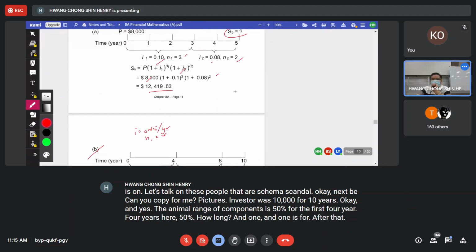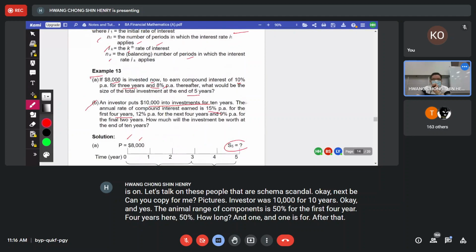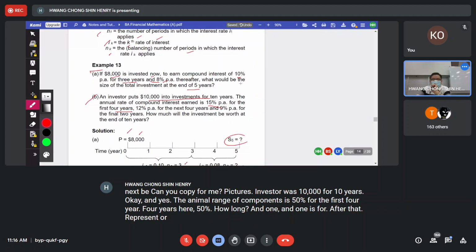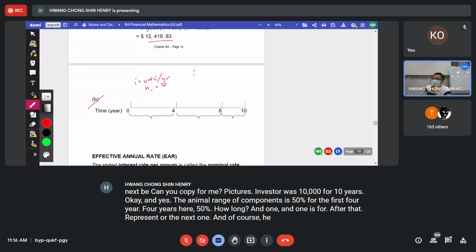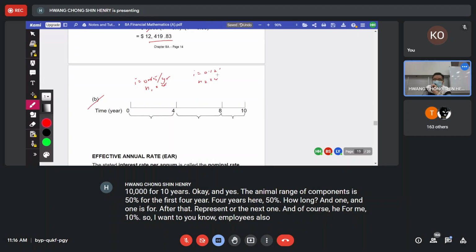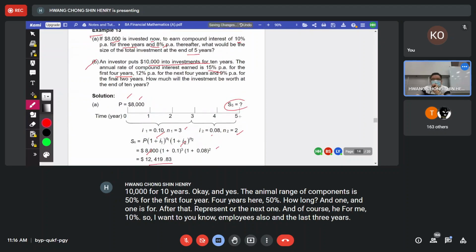After that, 12% for the next 4. Another 4, so 8 already. 12%, 0.12. Your N2 is 4 also. And the last 2 years, 9%.